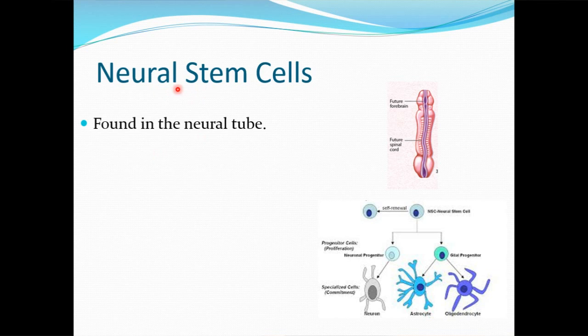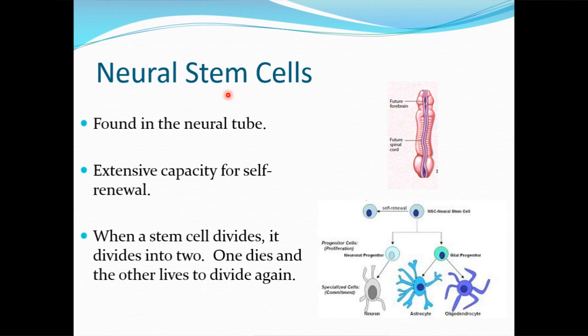And I just want to say, just in case you don't know, that stem cells are your basic little cells that can develop into any other cells. That's why they're so important. So they are found in the neural tube. They have an extensive capacity for self-renewal. But when a stem cell divides, it divides into two, and the one dies, and the other one lives to divide again.